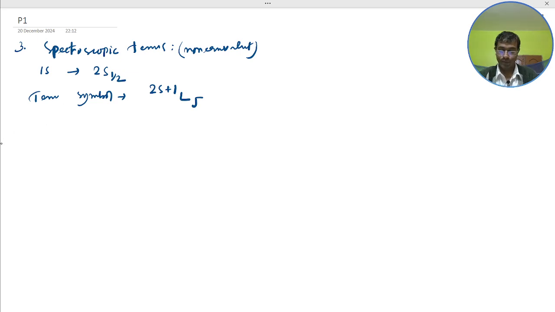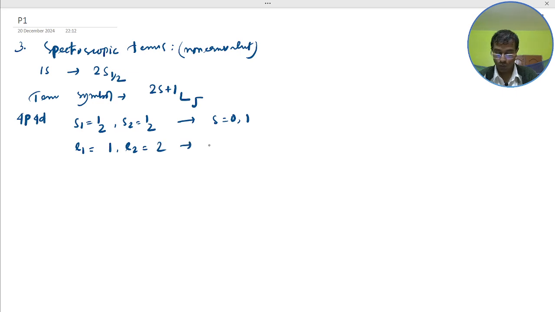And for the atom with two or more non-equivalent optical electrons, suppose here given 4p 4d, for S1 half, S2 half gives S 0, 1, L1 is 1, L2 is 2, L is 1, 2, 3.